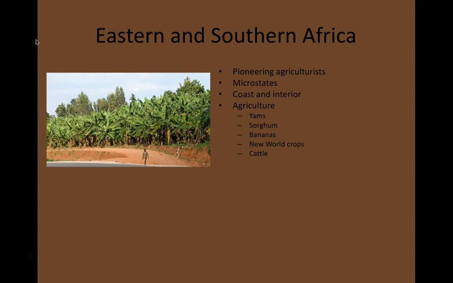Now, starting in the 16th century, as contact between the Old World and the New World grew, more and more New World crops were introduced into the Old World.